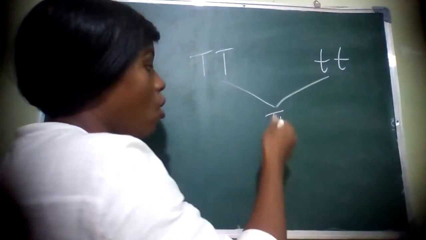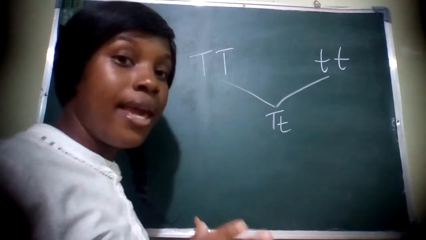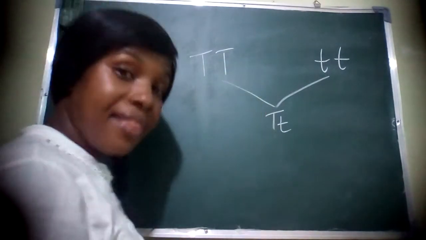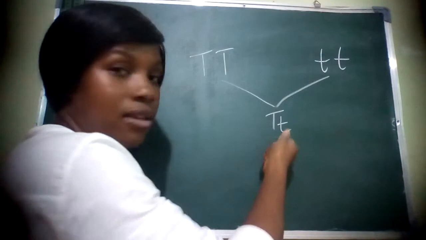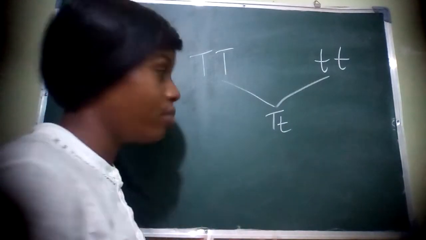That is to say, all the offspring were tall, even though inside them they had the trait for shortness. All of them were tall.